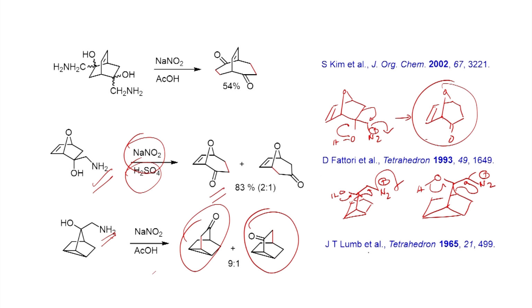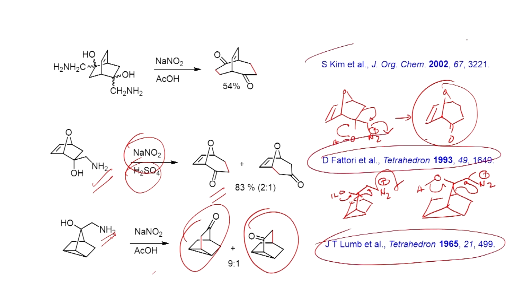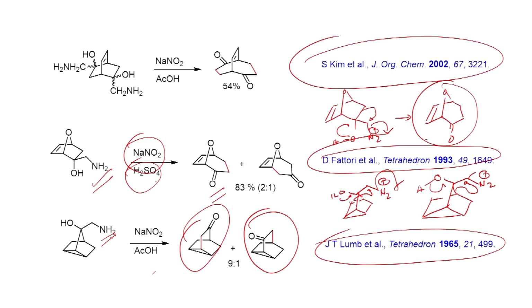So, as you can see, this reaction also finds broad applications. If you want to do ring expansion and you have the amino alcohol, you can make the diazonium salt. Once you have the diazonium salt, it can readily undergo ring expansion as shown here, and you will be able to get the ketone as the product.